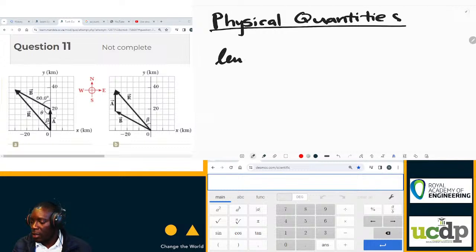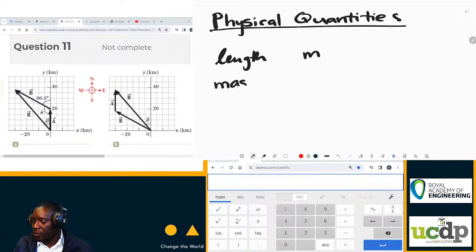You would want to call it distance or displacement, but in that case, we're now specifying whether it's a vector or a scalar. So we have length, which we measure in a standard unit, meters.